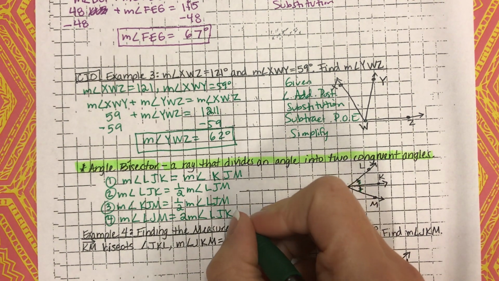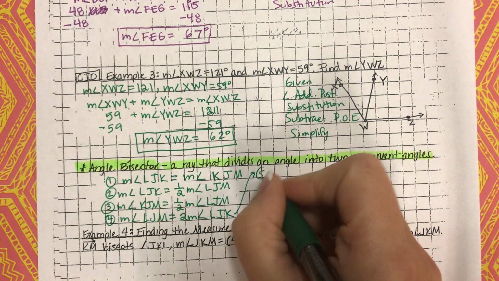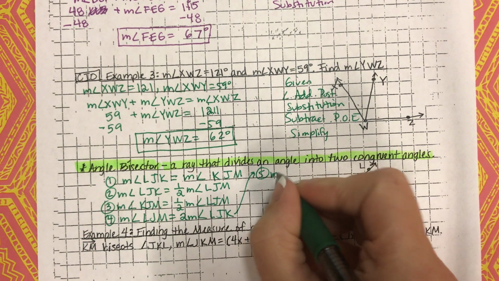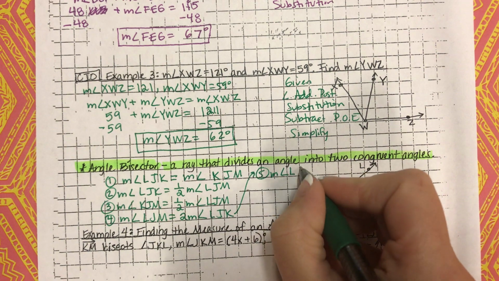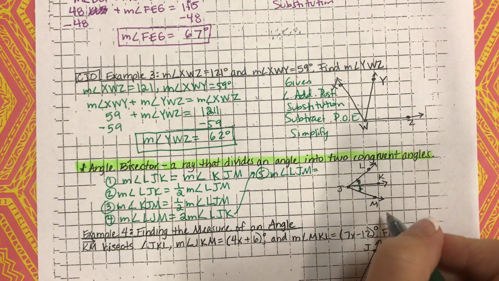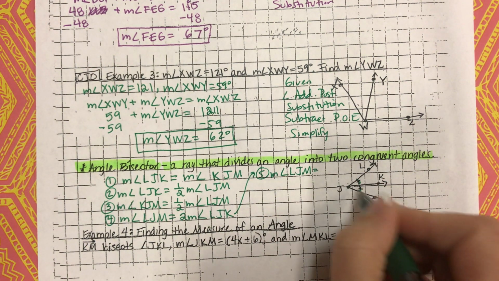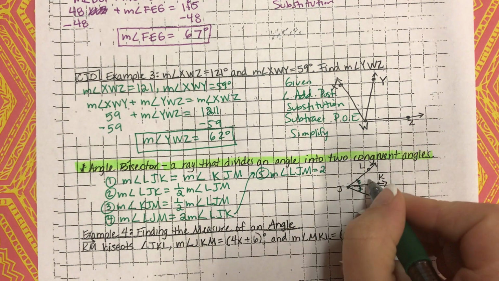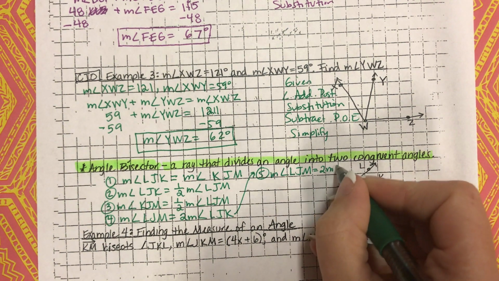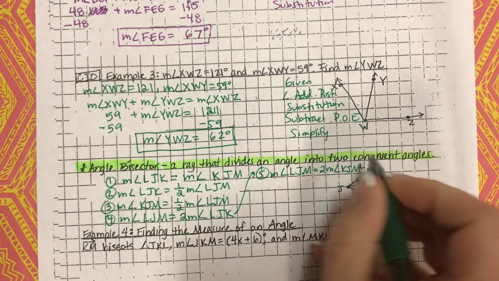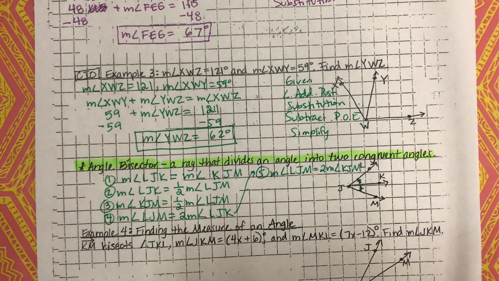And then the last one would be the pair to that. The measure of the big angle, LJM, is equal to 2 times this one down there. 2 of those make up the whole thing because these are 2 equal. So 2 times the measure of KJM. Those are the 5 formulas.